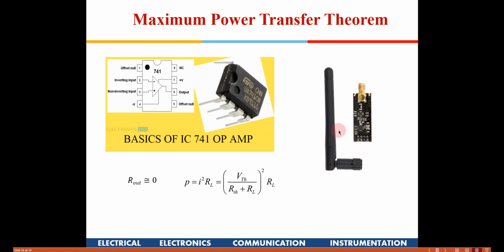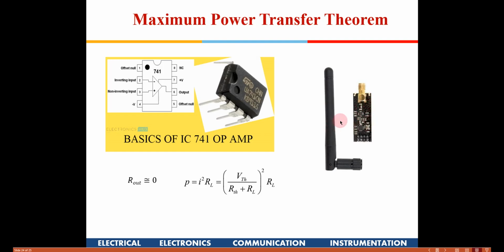Here a big antenna is shown just for pictorial representation. So the input impedance of all these amplifiers has to match that of the antenna impedance. Most of the antennas are 50 ohms, so the input amplifier impedance also will be 50, so that the maximum RF power which is available will be coupled to the input stage.